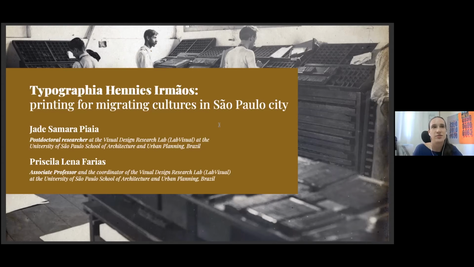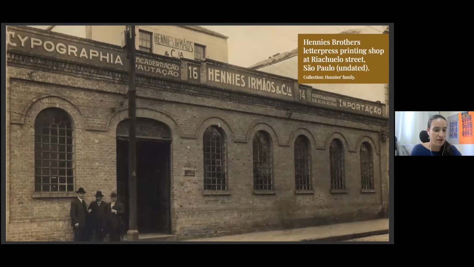I will talk to you today about printed artifacts that the Reines brothers, who were German immigrants, produced for immigrant communities established in São Paulo in the late 19th and early 20th century. During the first 100 years of printing in São Paulo, between 1827 and 1927, many immigrants arrived and settled communities in the city, among which their cultures and language were preserved.